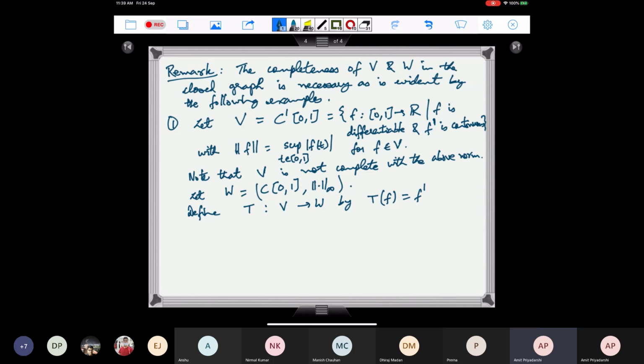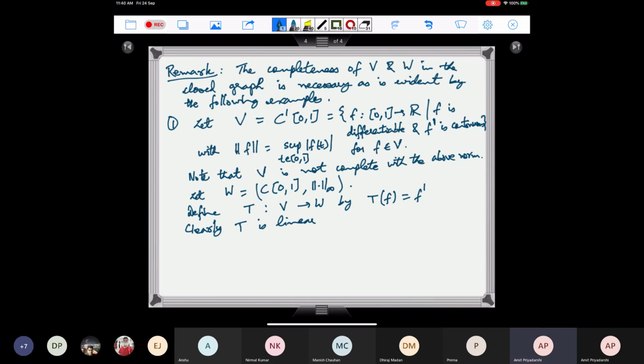So f prime will belong to W. So this is a well-defined map from V to W. And what can we say about this map? Clearly T is linear by the linearity of the derivative.